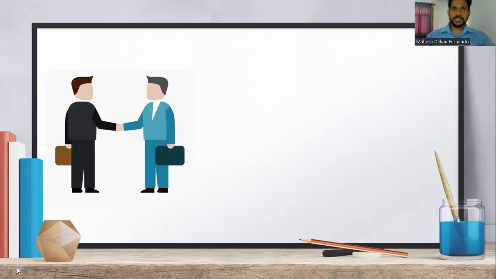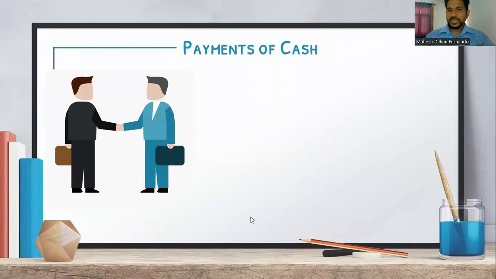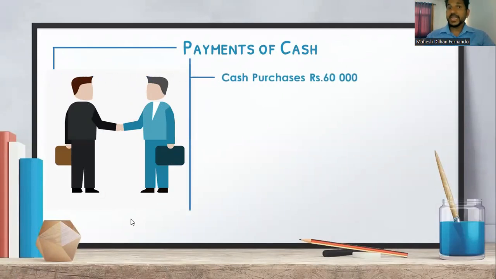Today, have a close look at this idea. I'm going to name a few payments, but I think you know that normally we record all the payments in the cash book, no? Now I'm going to give you a list of payments which are paid in cash. First, cash purchases 60,000.